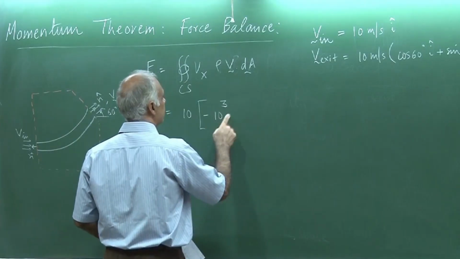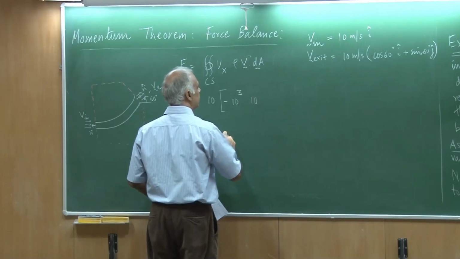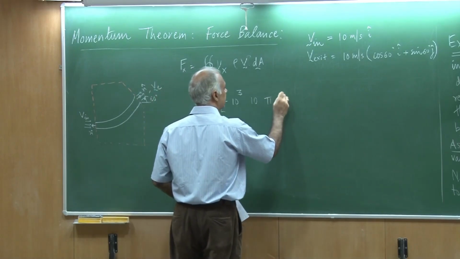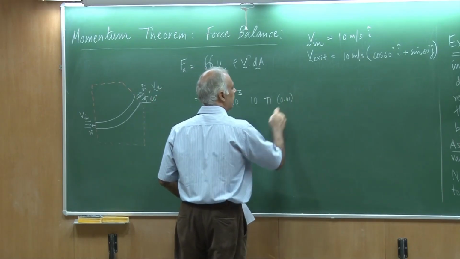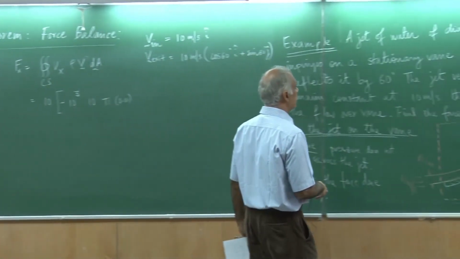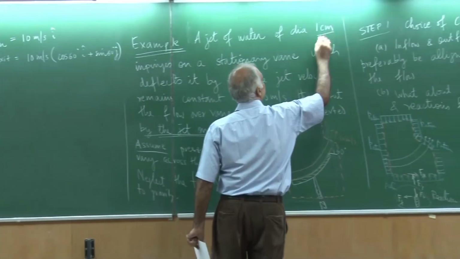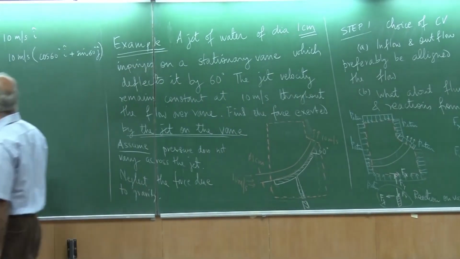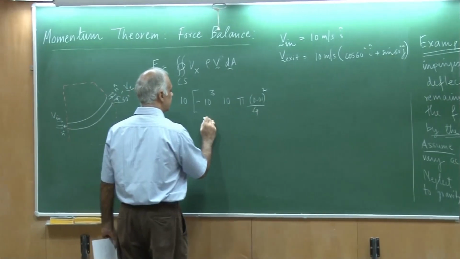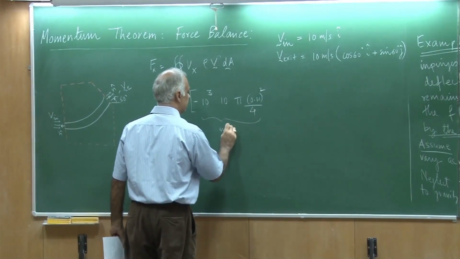So, rho is 10 to the third, V is 10 meter per second, and my area is pi 0.01 squared by 4, because the diameter is 1 centimeter. So, this is the term because of inlet.